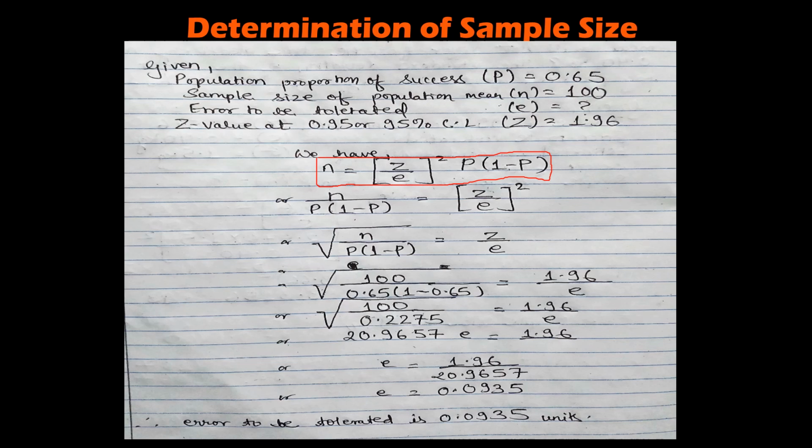When we take the square root of both sides, we get E, and so after putting in the values, we obtain the value of E as 0.0935. So therefore the error to be tolerated is 0.0935 units.